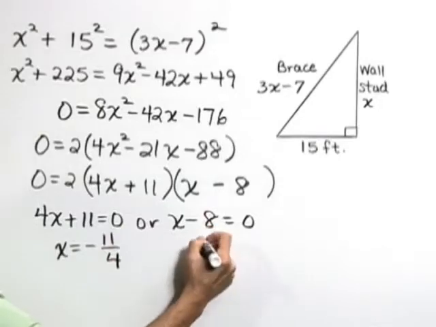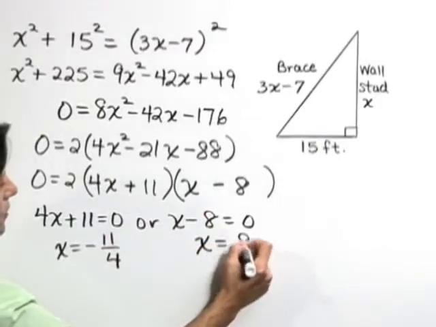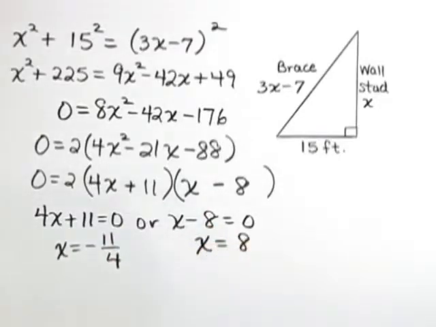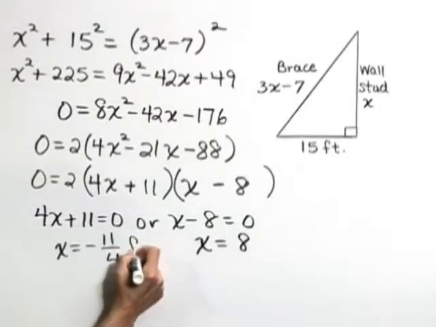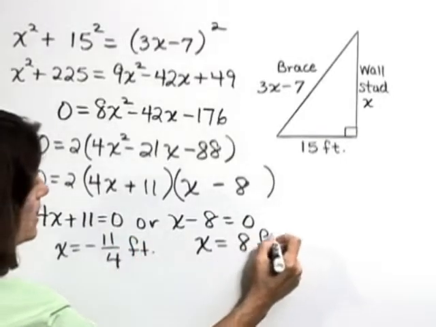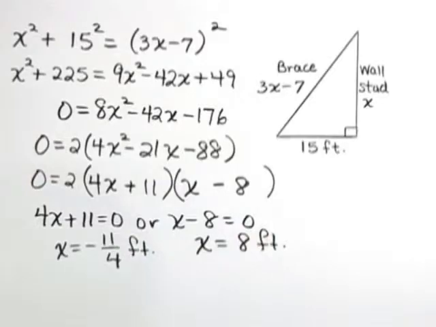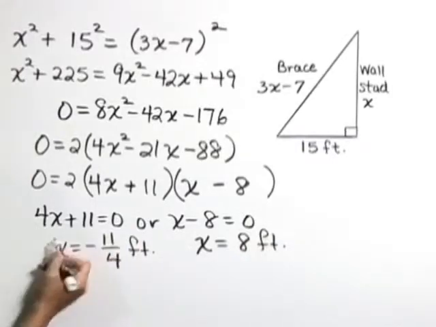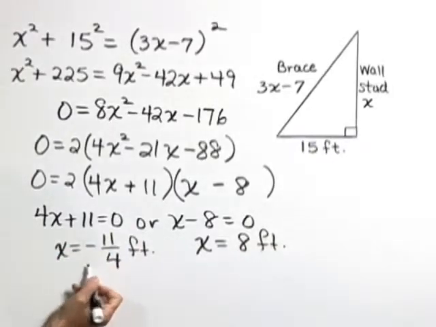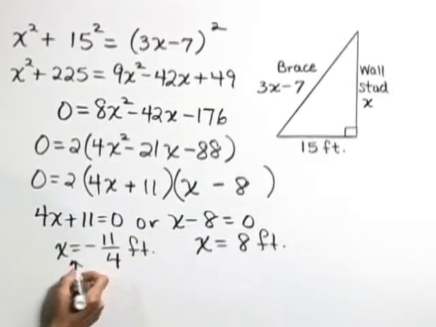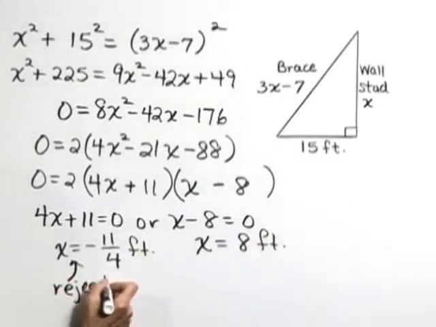With our second linear piece, we have x is equal to 8. Now these were lengths in feet, so let's go ahead and assign that unit now. And let's consider this first proposed solution, which is a negative 11 fourths for the length of the wall stud. Well, that dimension is not going to be a negative value, so let's reject this solution right off the bat.